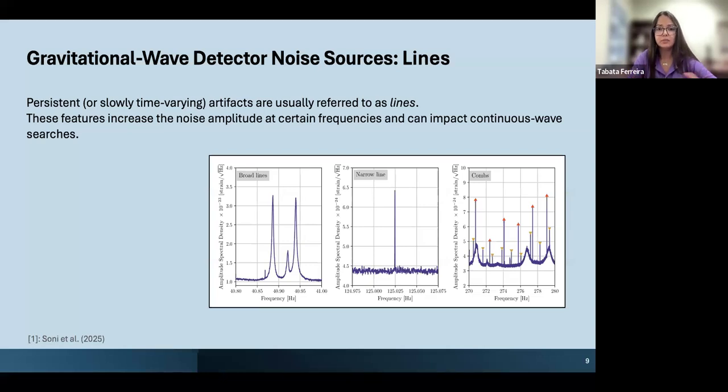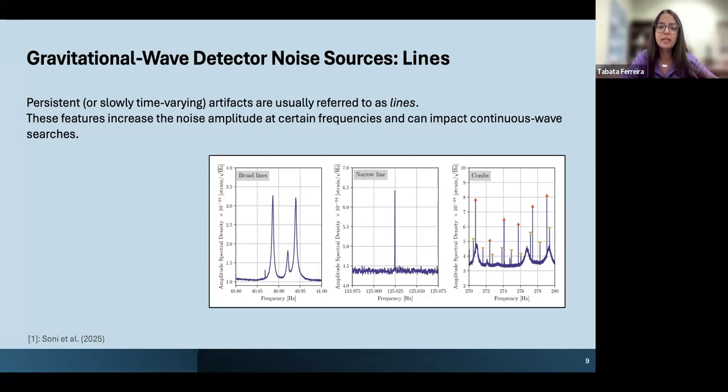You cannot escape from them. And sometimes we also have those that slowly vary, which is what I mean by that. Sometimes a line appears during 1 week, 1 month, and disappears and comes back again. Sometimes we have no idea why. Sometimes we try to associate modifications in the interferometer to try to understand why the line disappeared or appeared again.